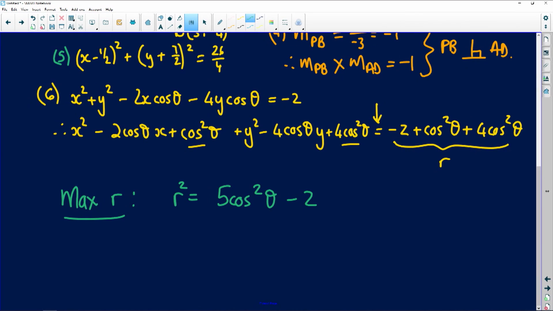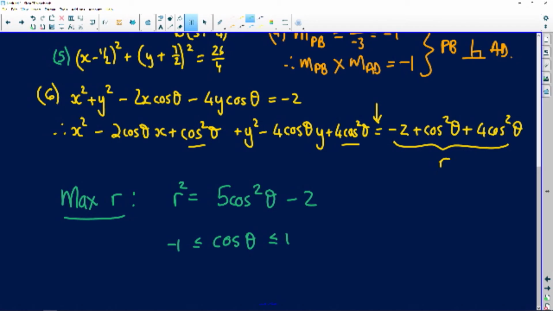Okay. So they are asking us to find the maximum value of 5 cos squared theta minus 2. Now let's see how we argue this. We're going to start with something that we know. We know that the cosine of theta lies between 1 and minus 1. So cosine has a minimum of minus 1 and a maximum of 1.